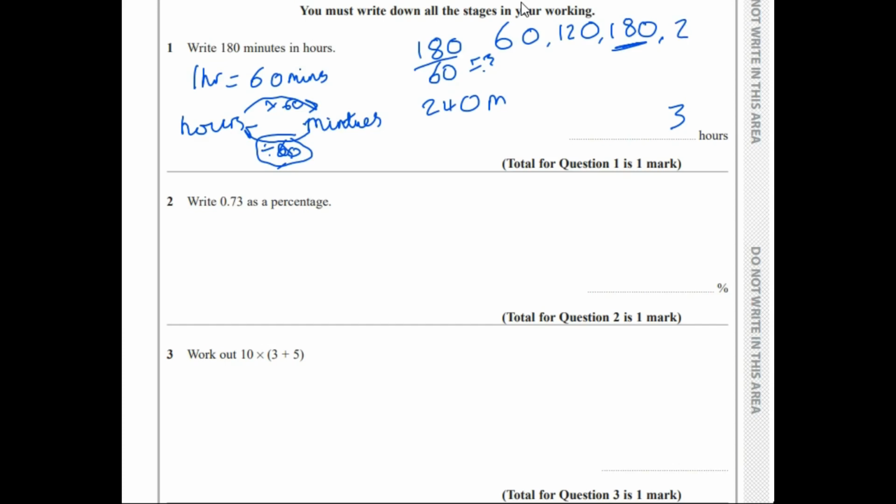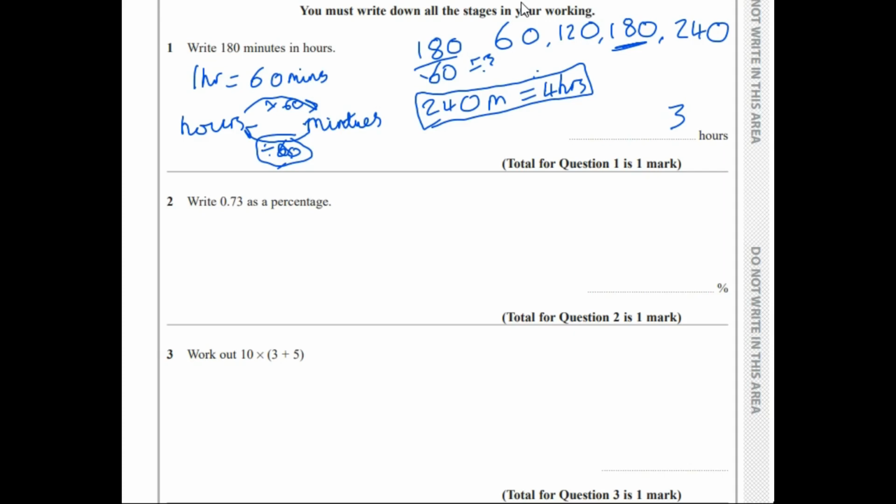Now add on another one, 240 is 4 times 60. So 240 minutes is equal to 4 hours. That's not part of the question, but that's just another little thing to check your understanding.